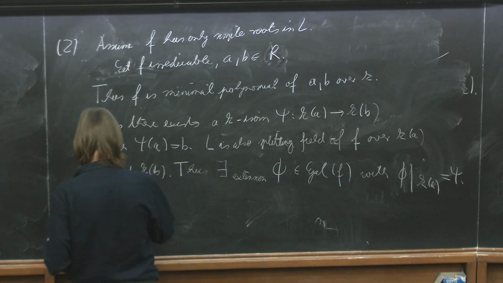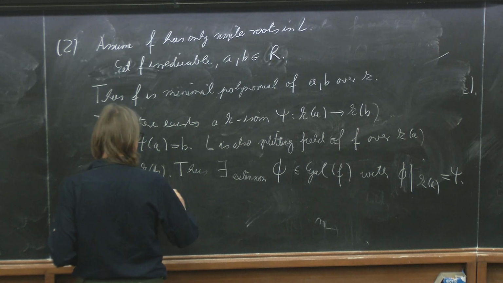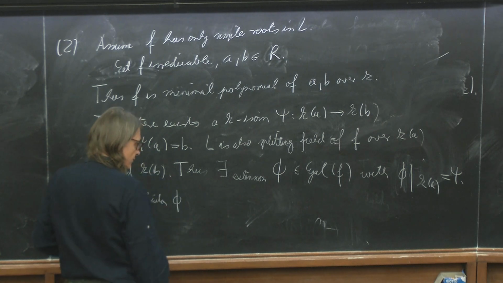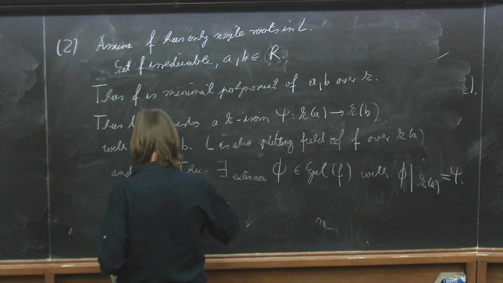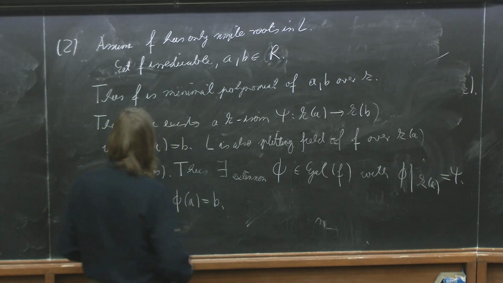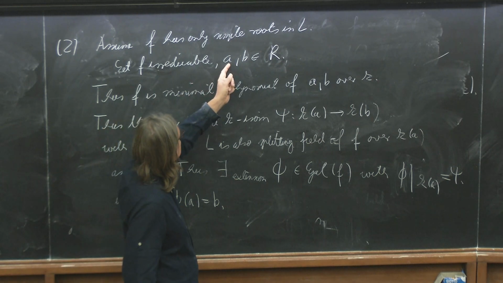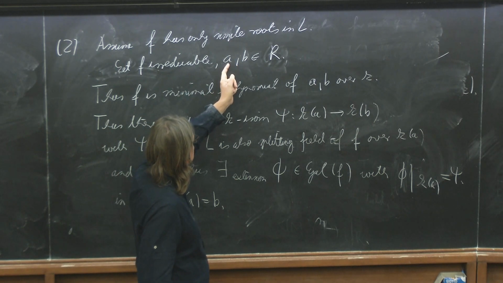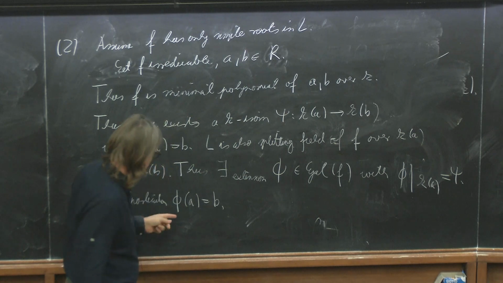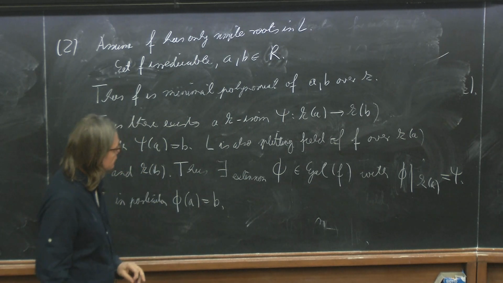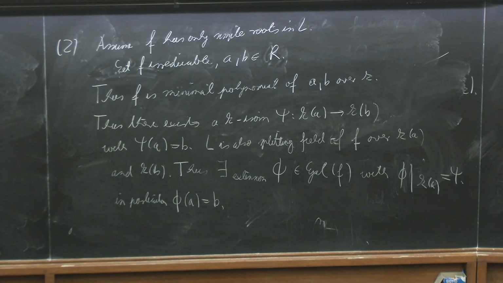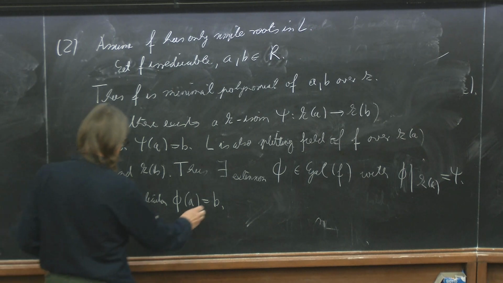So in particular, phi of A is B. So it says if I take any two roots, elements A and B in R, there is an element in the Galois group which sends A to B. So the action is transitive.